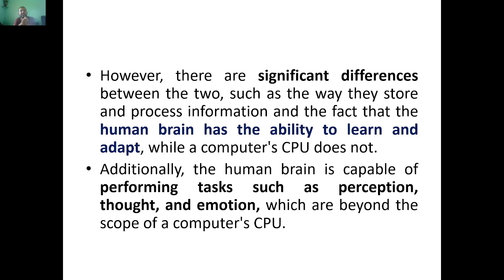Additionally, the human brain is capable of performing tasks such as perception. The human brain also thinks about different perceptions, different views, and thoughts will change. For example, I am having one thought based on one subject. Now I want to drink a tea. Now I'm planning, should I drink tea or not?